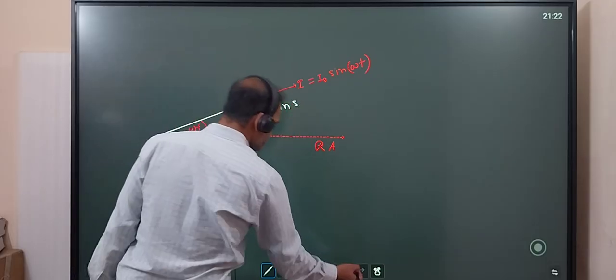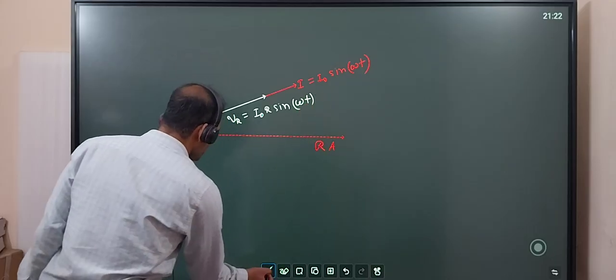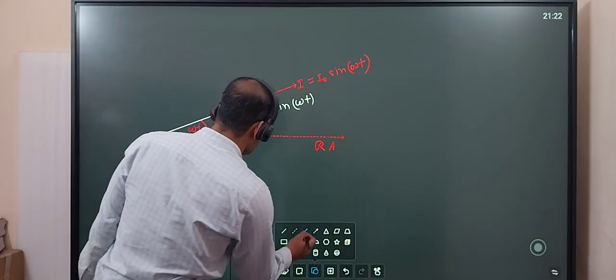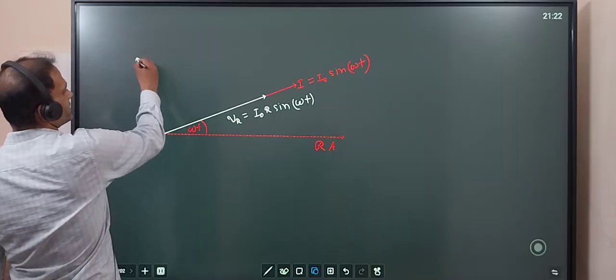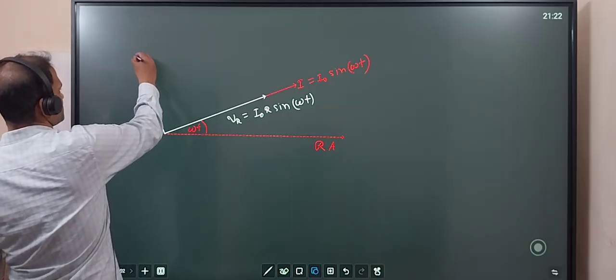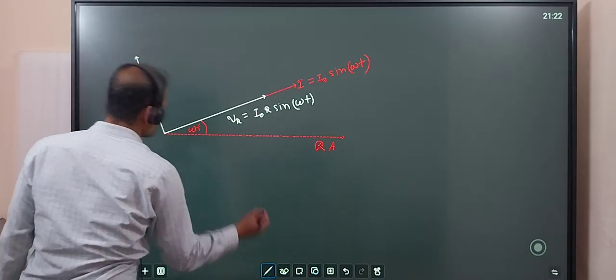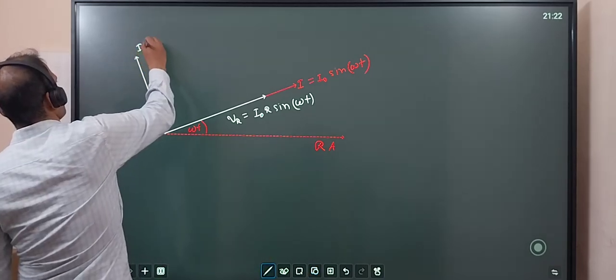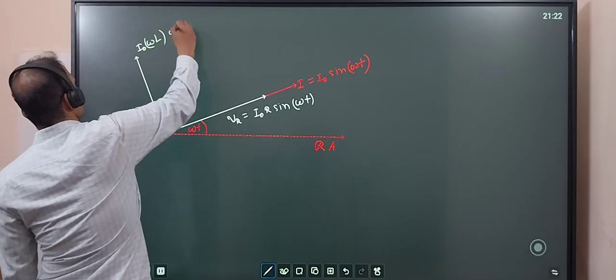Same phase, right? But the voltage drop across the inductor was something different. It was I naught omega L cos omega t.